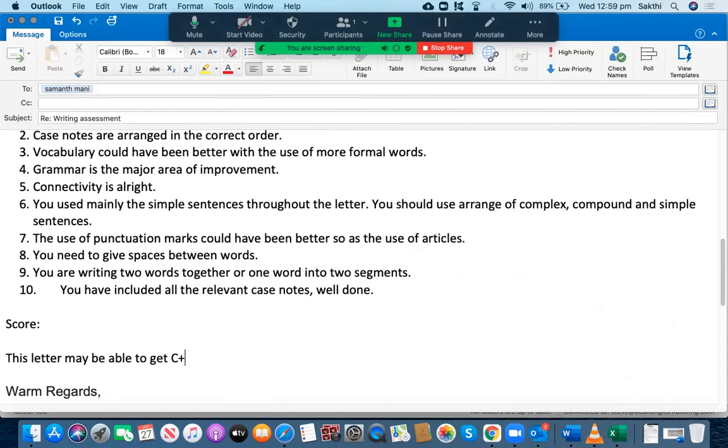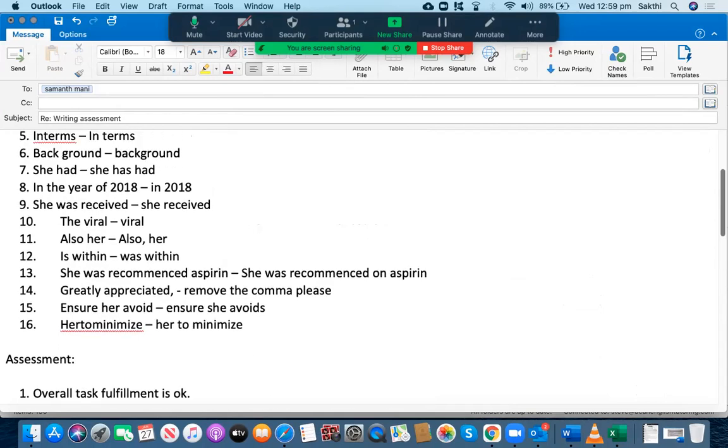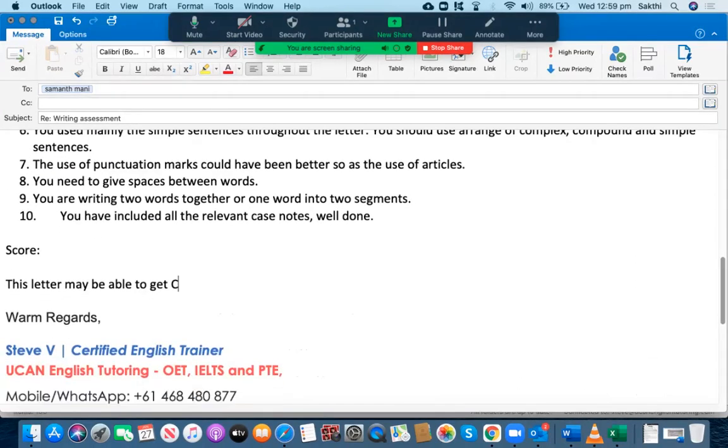No, not C plus. Okay, let me count the mistakes. Yeah, there are so many mistakes, and they are basic mistakes as well. So I believe it's not C plus, maybe below C plus. Perhaps 280 or 270, something similar to that. I think that's the one.